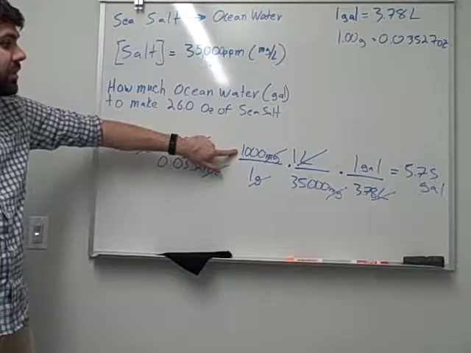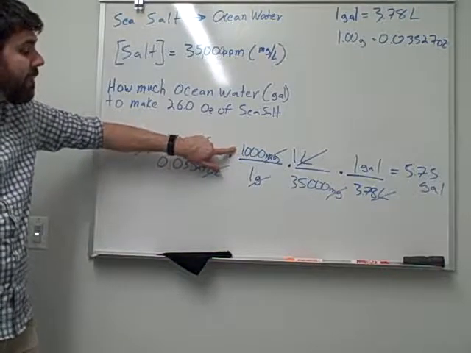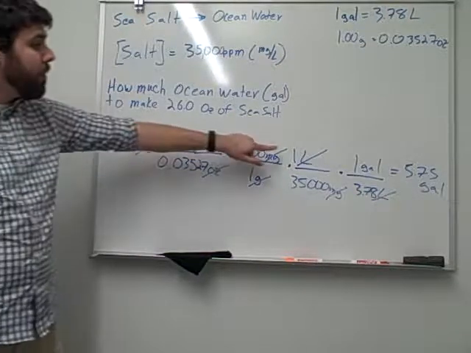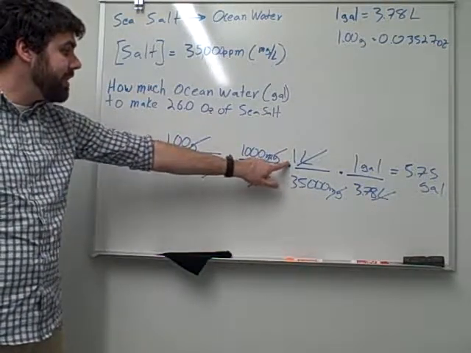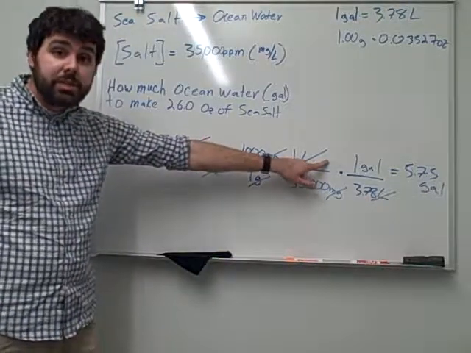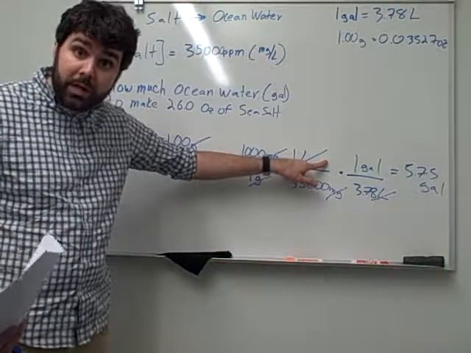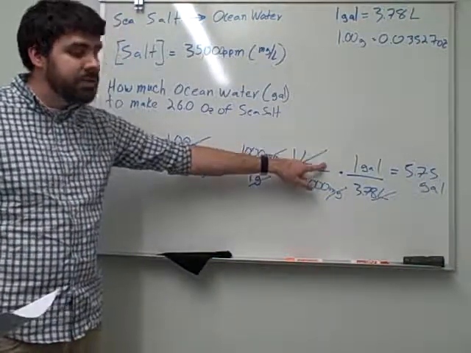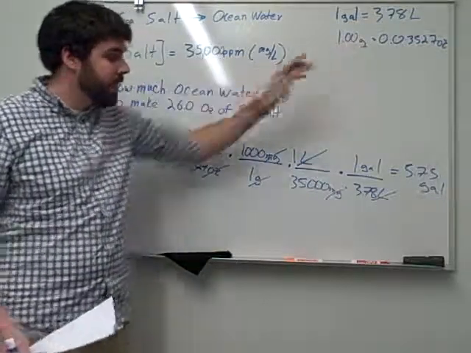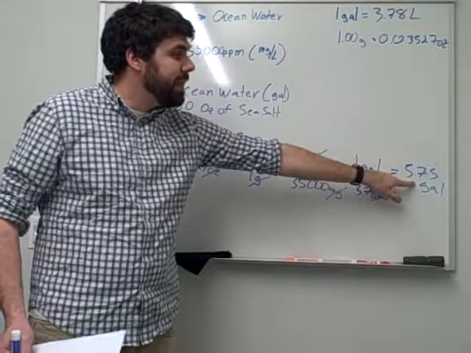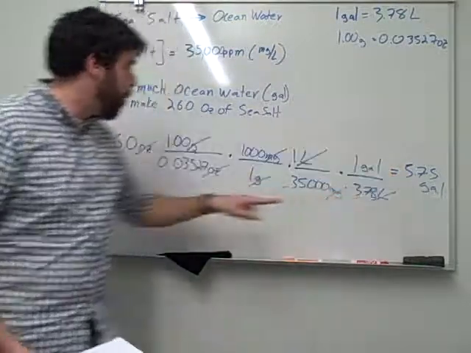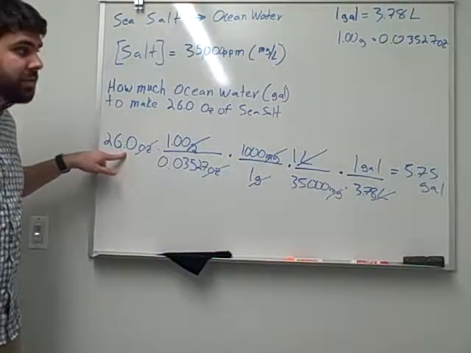Now that we have milligrams, we can tell how many liters it's going to take to make this 26 ounces of sea salt by multiplying by our concentration. In each case, we're making sure our units cancel. This gives us liters of ocean water, which is a unit of volume, so we're very close. We then convert the liters of ocean water into gallons by using the conversion we see here. Punching this all into our calculator, we can see that we need 5.75 gallons of ocean water in order to make one 26-ounce container of sea salt.